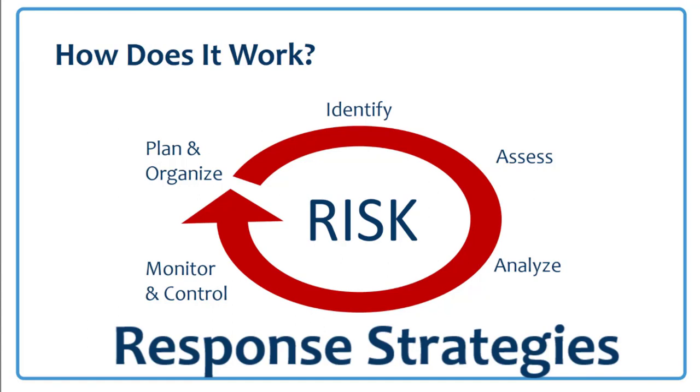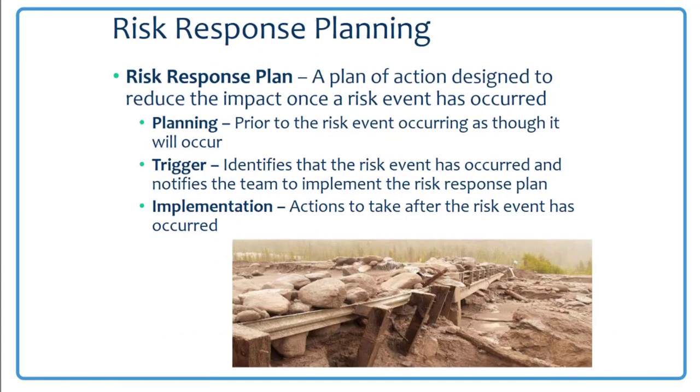So the next step in the process is response strategies and developing those. And this is where we explore the different things that we can do to address the risks. So identifying risk response strategies involves planning, and a risk response plan is a plan of action designed to reduce the impact once a risk event has occurred.